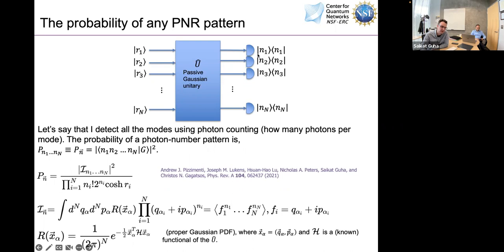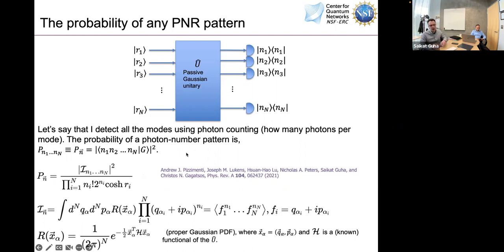Essentially, I take my state and project it on the Fock basis, and the modulo square of that quantity will give me the probability of any specific pattern. This is the pattern N1, N2, N3, and so on up to Nn. So for example, you can calculate and find for some specific state, the pattern 1, 2, 3, 0, 0, 1, and so on.